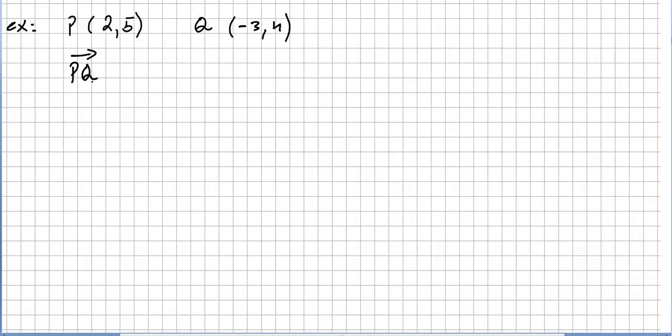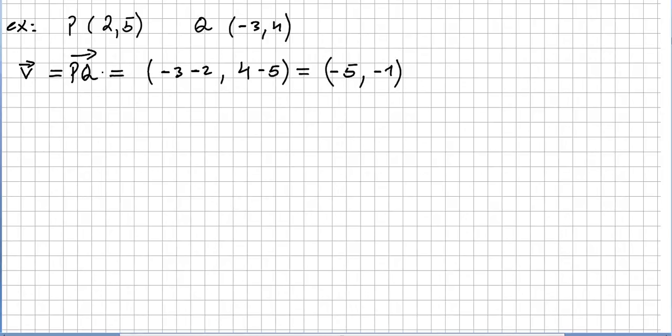We can call this vector V. So PQ will be minus 3 minus 2 and 4 minus 5, so this will be minus 5, minus 1.